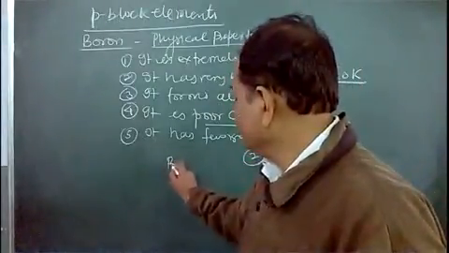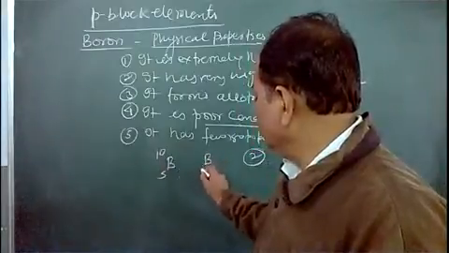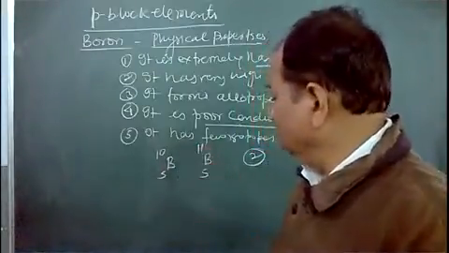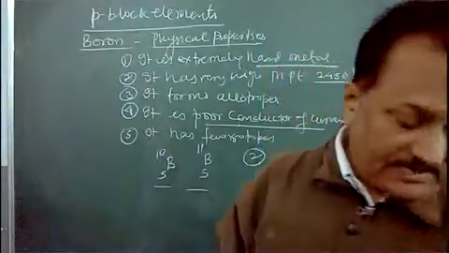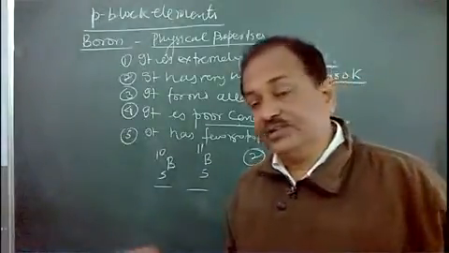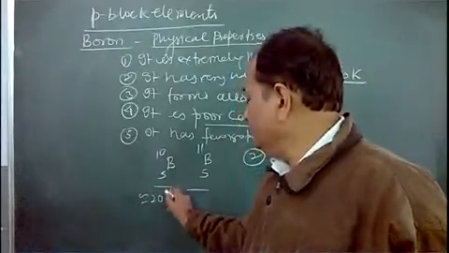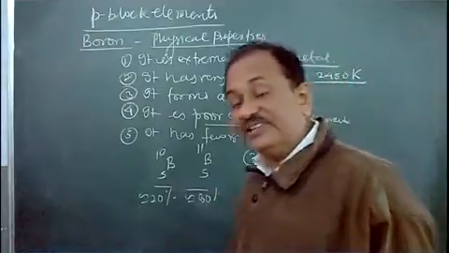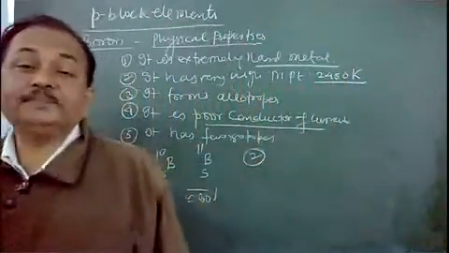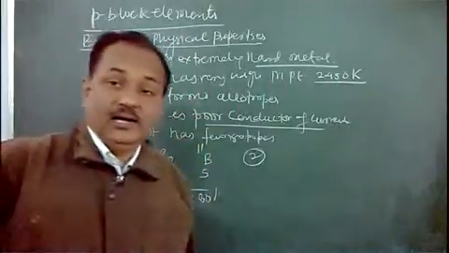Boron 5, 10 and boron 5, 11. Only 2 isotopes, and isotopes are different in mass number. So this isotope is around 20%, and that is around 80%. So this is the basic point about boron.